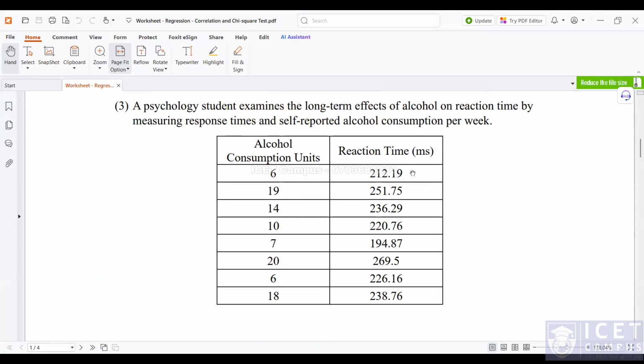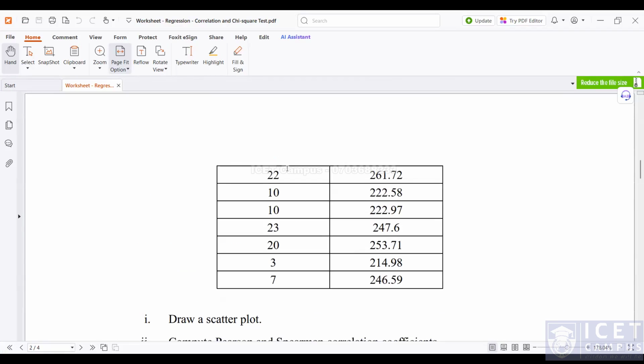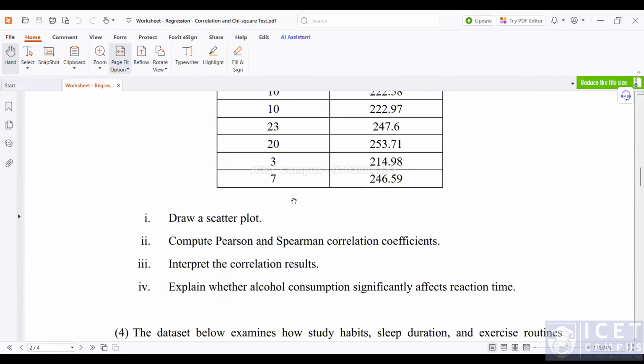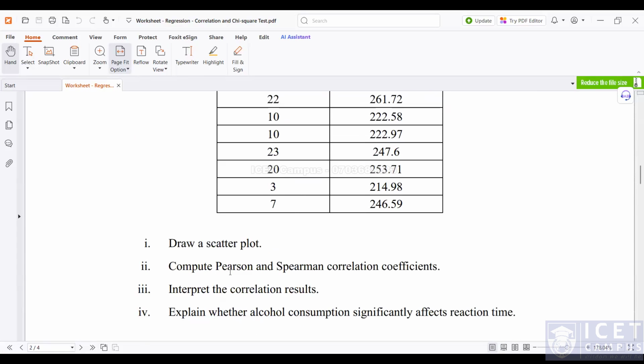Reaction time and alcohol consumption units are given. Then draw a scatter plot, compute the Pearson and Spearman's correlation coefficients, interpret the correlation results, and explain whether alcohol consumption significantly affects reaction time. So this is about correlation.